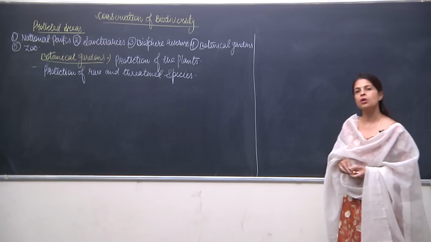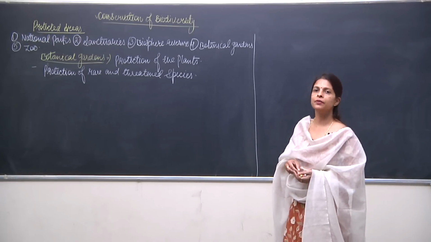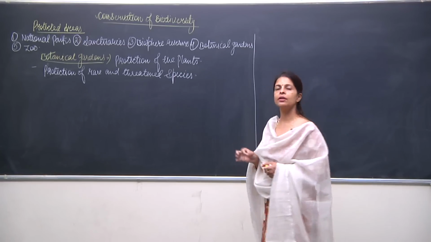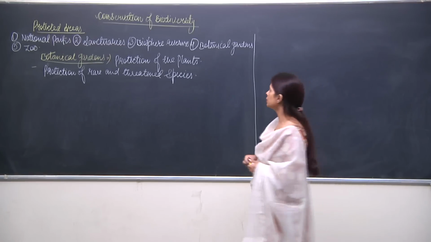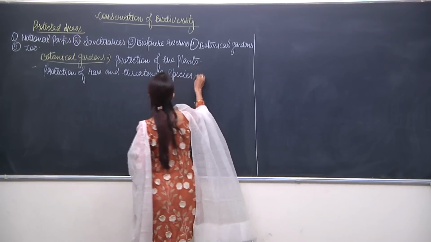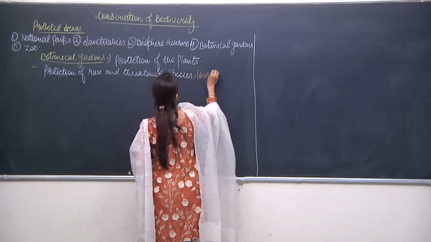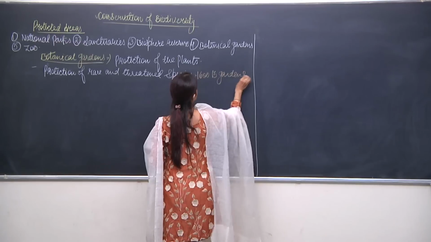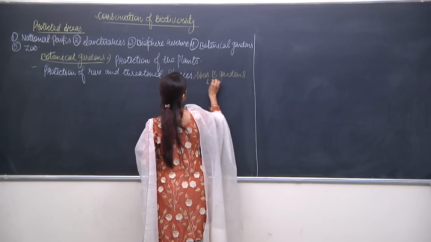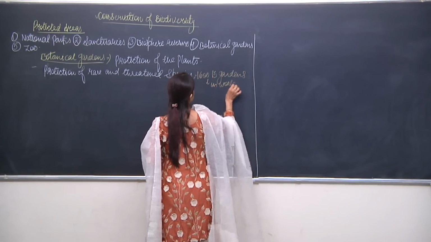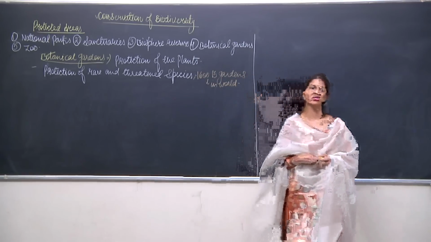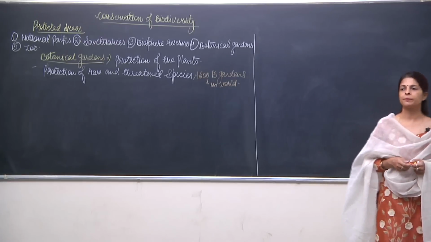So when we talk about botanical gardens, we have around 1600 botanical gardens all around the world.